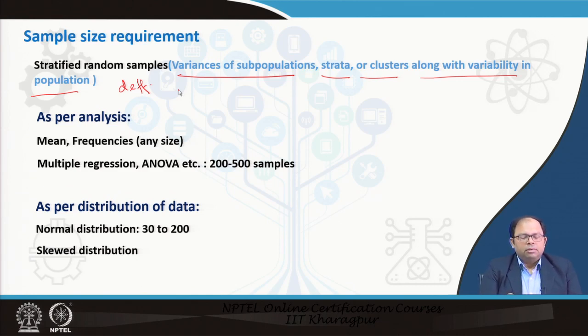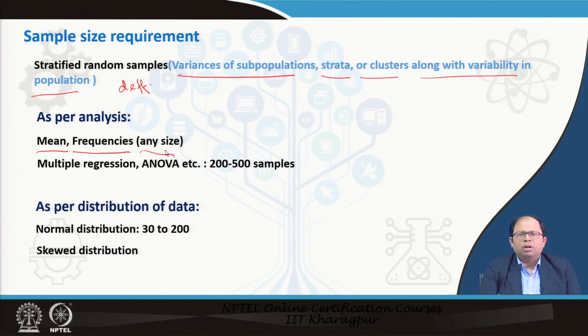Many people have designed different formulas for sample size. That means there are no very hard and fast rules for determining sample size. It has to depend on the analysis that we are doing. If we are estimating only the mean and frequency of a particular variable from the sample, then the sample size could be much smaller.